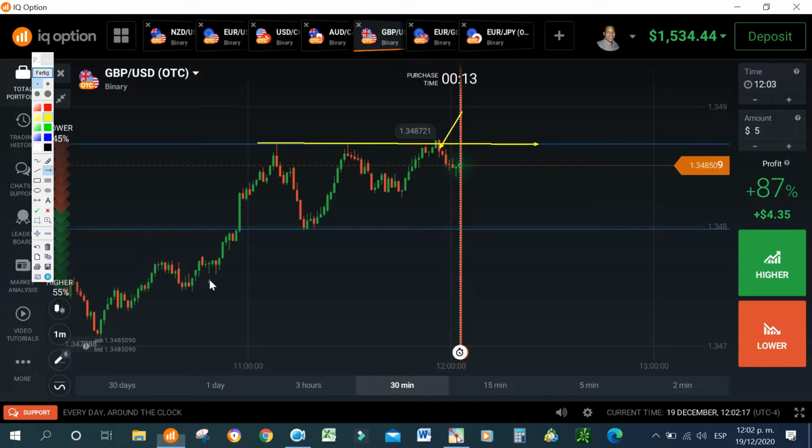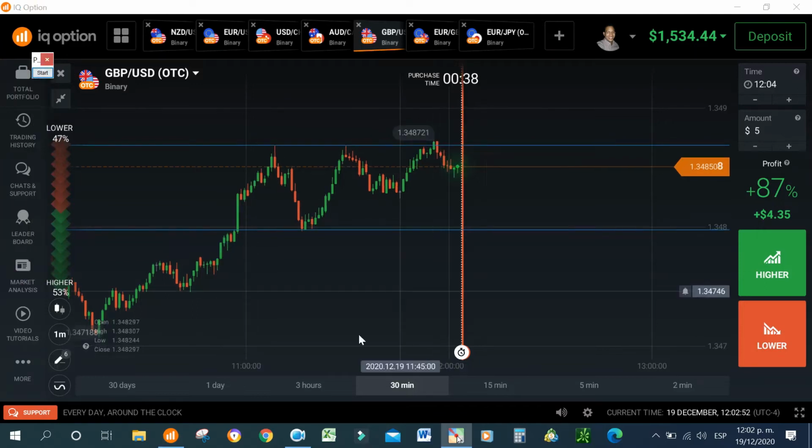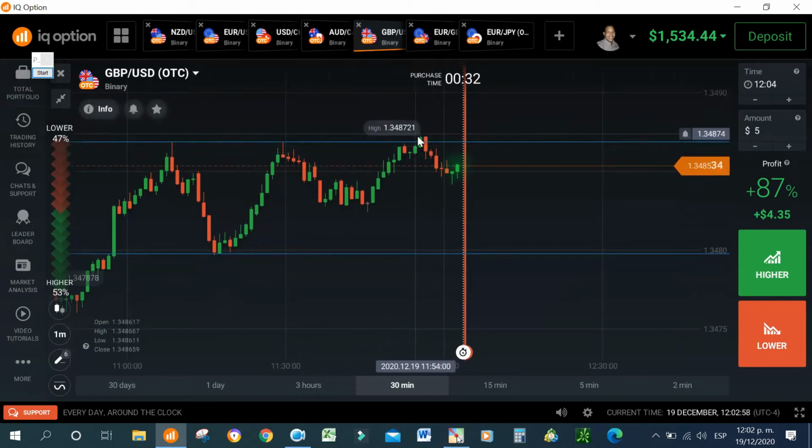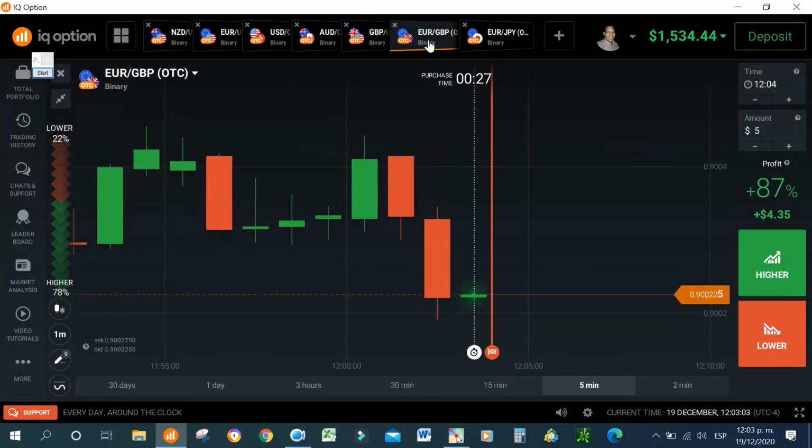The price has tried several times to break up, but it has failed, and again it fell, making a very good candlestick, so that we could enter to the downside with this candlestick pattern.